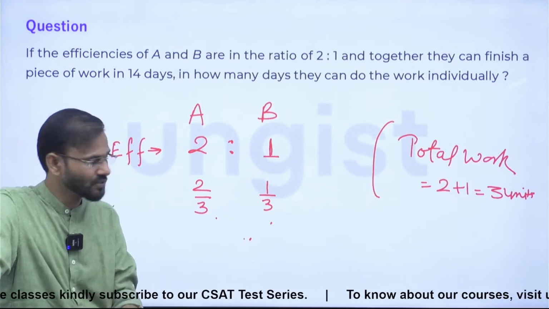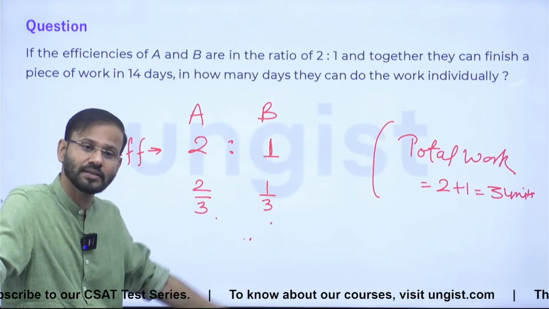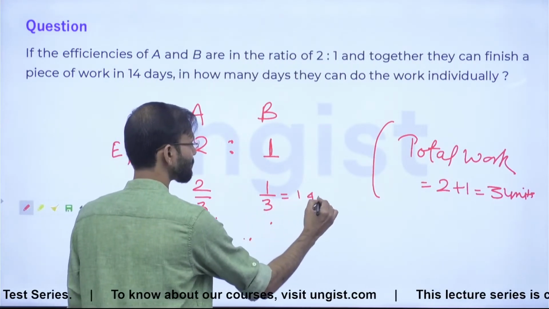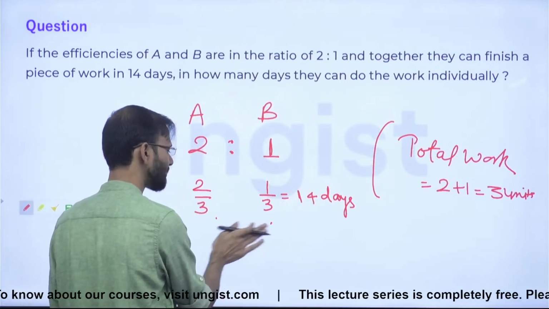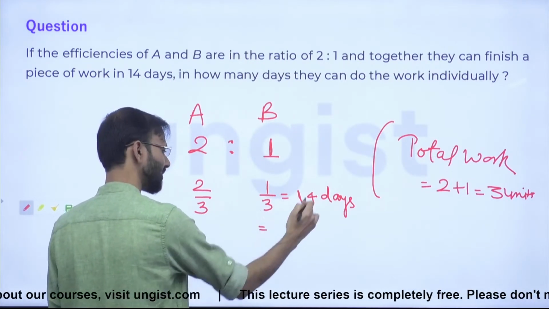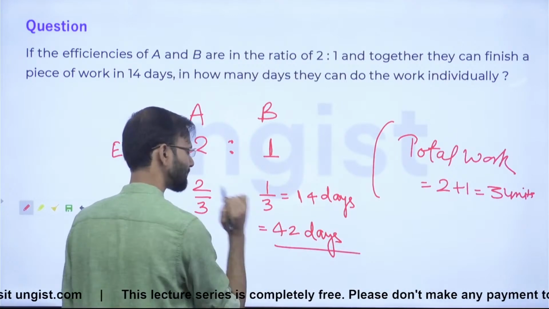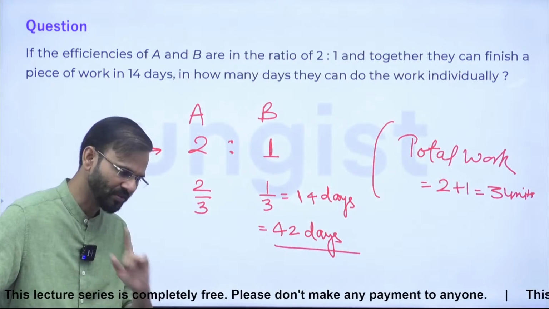Yes or no? So if he is doing 1/3 of the total work in 14 days, which means, guys, what? He is doing the total work in 42 days. Everyone, yes or no? Right?